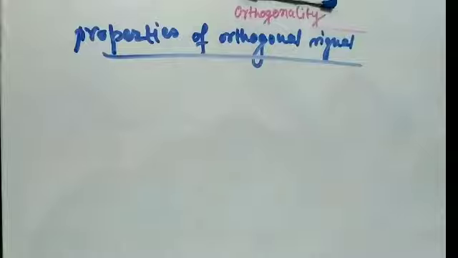Now we will talk about properties of orthogonal signals. The first property says two harmonics of different frequency of a periodic signal. Of course, this condition is true for periodic signals. So the first property says two harmonics of different frequency are always orthogonal.